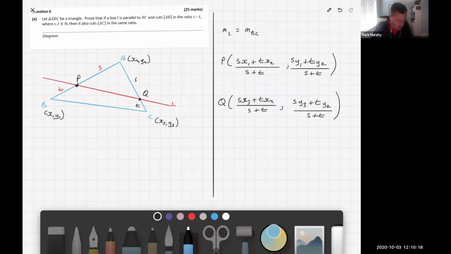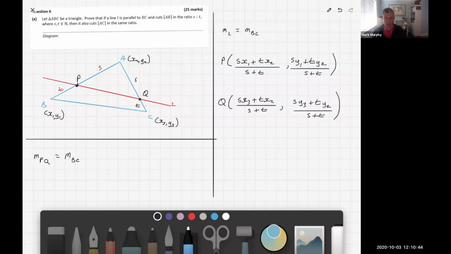Then I had the P and the Q. And then what else did I know? The slope of PQ, which is the line L. I'm just writing down what I have. So I know that the slope of PQ, the red line, is equal to the slope of BC, which is the slope of this line.